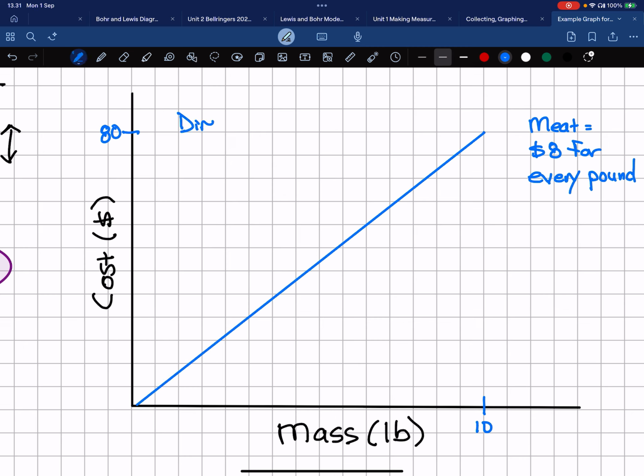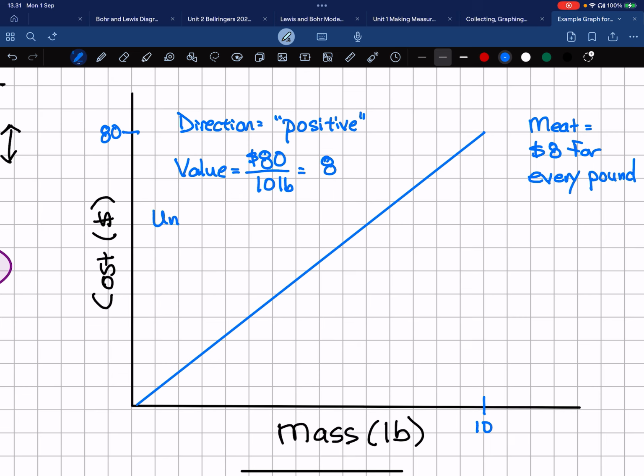Again, what do we have? Direction is positive. In other words, the more meat you get, the more money you spend. The value is $80 divided by 10 pounds, or 8.